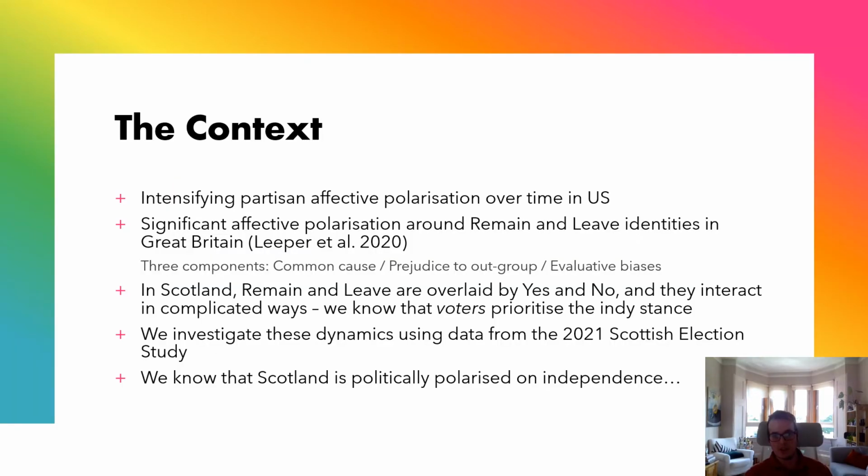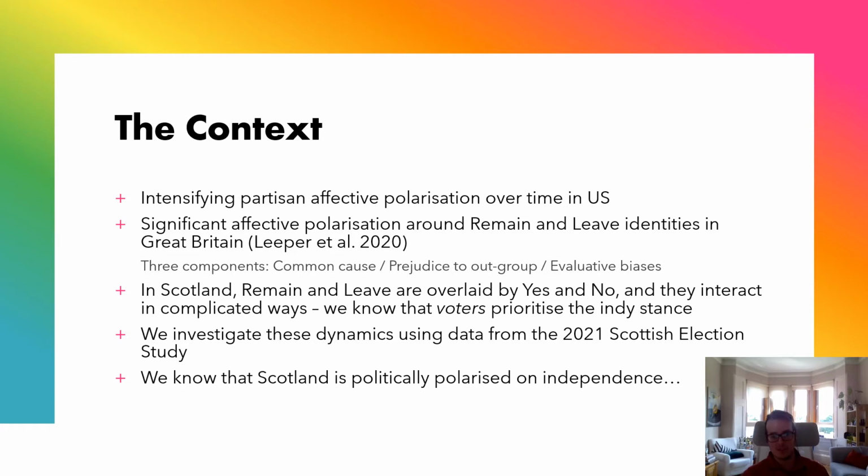The political science context for this is that researchers noticed intensifying partisan affective polarisation over time in the United States. So Democrats and Republicans increasingly live apart from each other, they don't interact, and they dislike each other more and more.